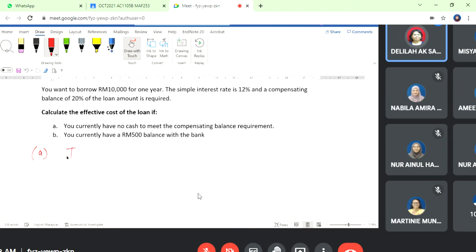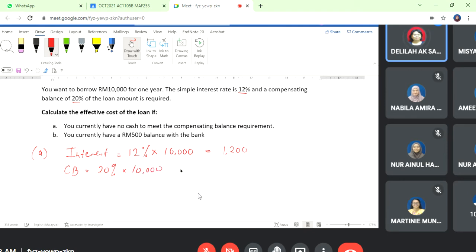First, let's calculate the interest. Interest rate is 12% on the amount that you want to borrow, for 1 year: 1,200. This bank has a compensating balance requirement equal to 20% of the loan amount. 20% times 10,000.